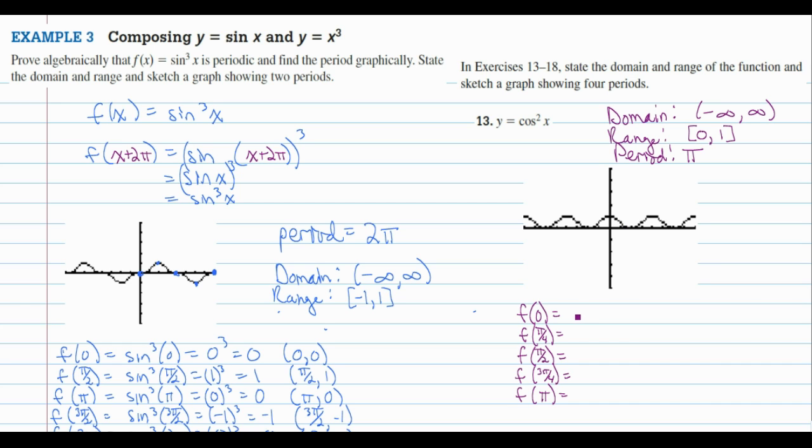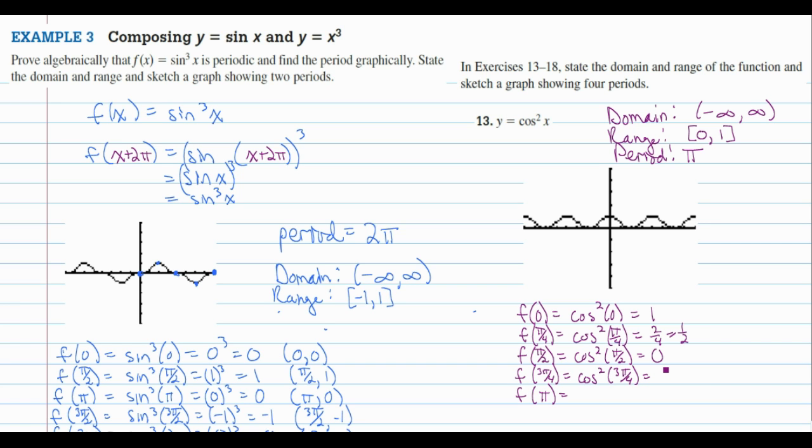Now, f of 0 will be the cosine squared of 0. Cosine of 0 is 1, 1 squared is 1. The cosine squared of pi over 4, that's square root 2 over 2, squared is going to be 2/4 or 1/2. Pi over 2, so the cosine squared of pi over 2, cosine of pi over 2 is 0, 0 squared is 0. 3 pi over 4, the cosine squared of 3 pi over 4.